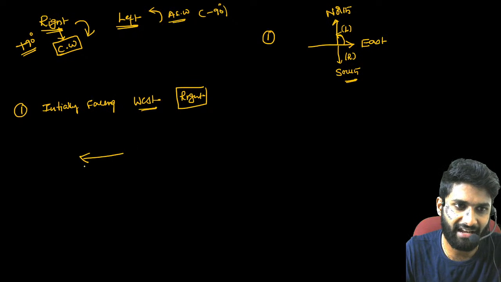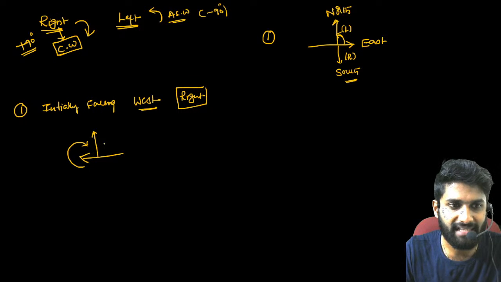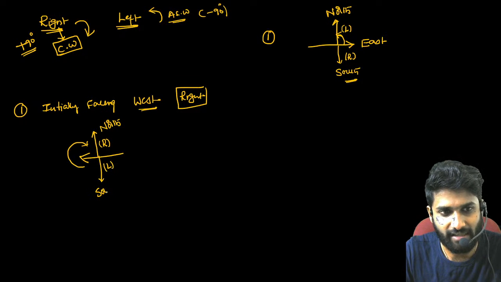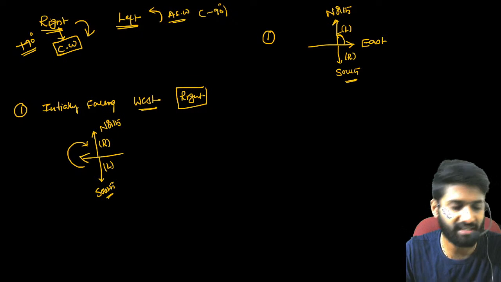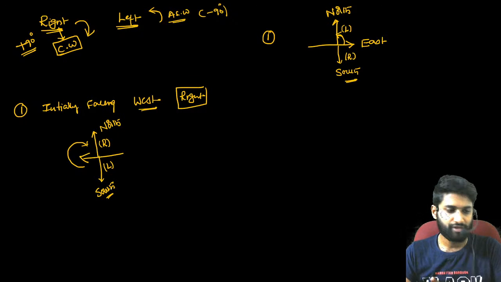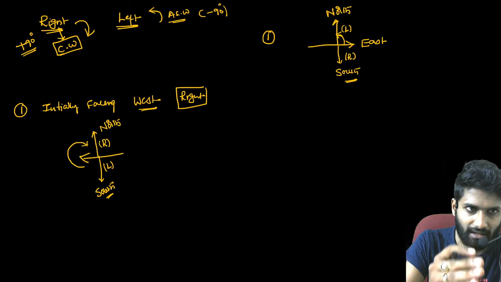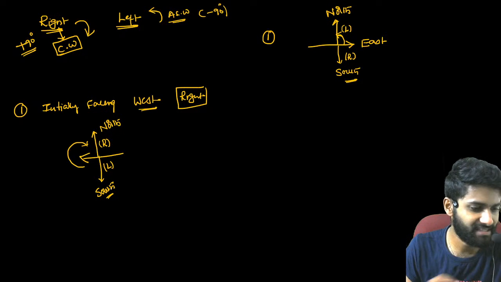Right side means we require a clockwise turn. Clockwise turn from west definitely indicates north. If he turns left side, it always indicates south. So this representation is most important. Don't confuse right and left cases. Simply consider clockwise turn as the right side and anti-clockwise as the left side.